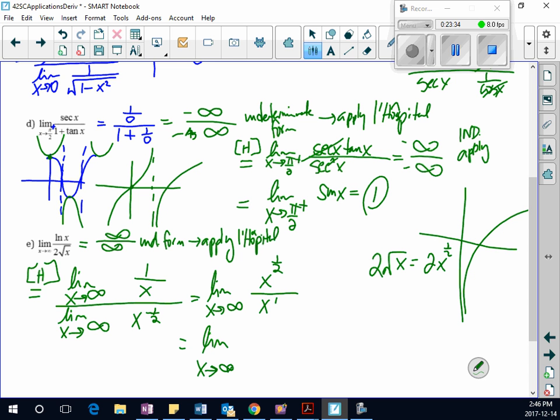Then when you found the derivative separately, this would go to 1, and you wouldn't have an indeterminate form anymore. This would go to 1/2 x to the power negative a half, which puts it at the bottom, which is exactly what's happening right now. This would be 1 over x to the power a half. If I put infinity in, what do I get? 0. Yeah, 1 over infinity, which is 0. A lot of these answers end up being 0, it seems. So if you have no clue, don't pick infinity, pick 0. You'd be better off, right?